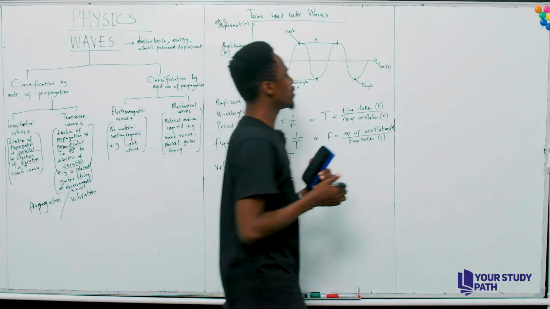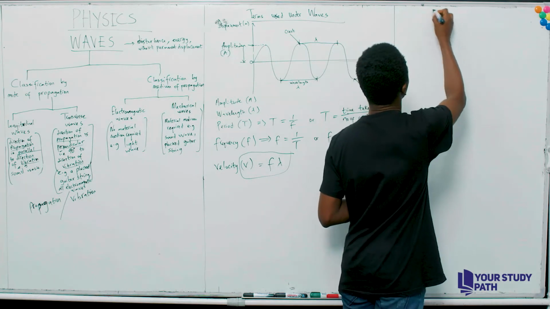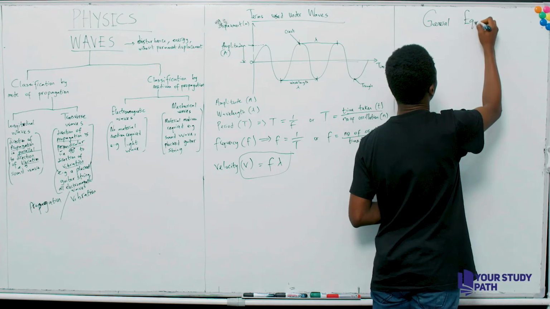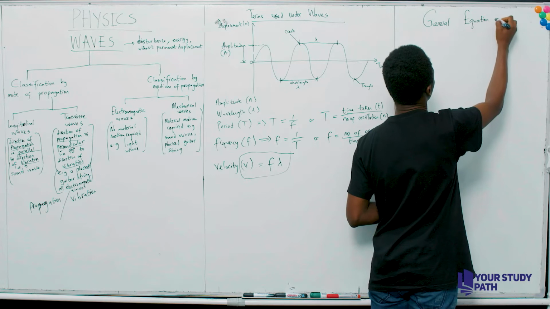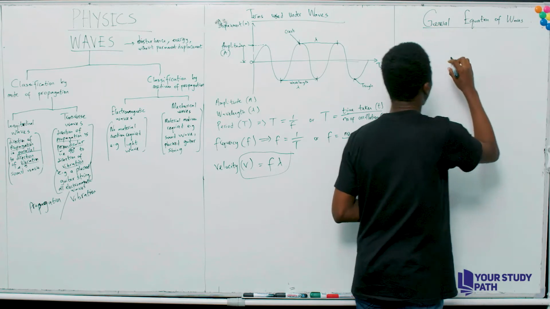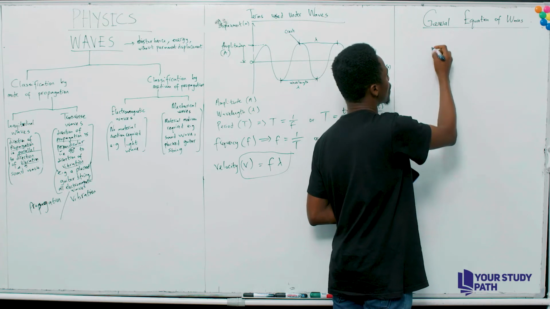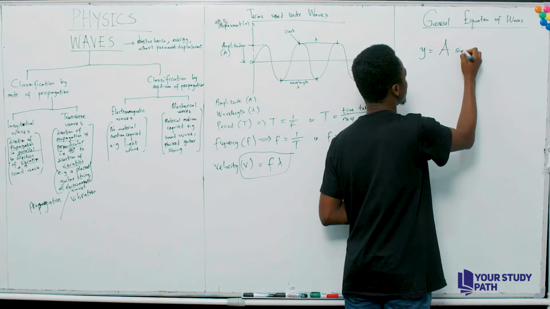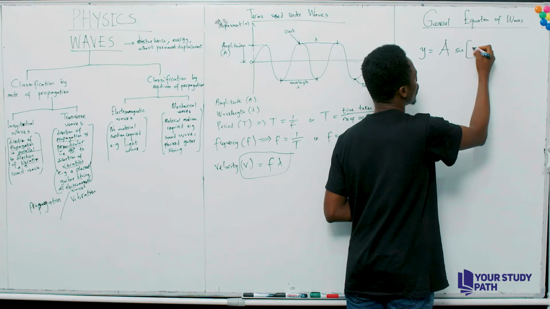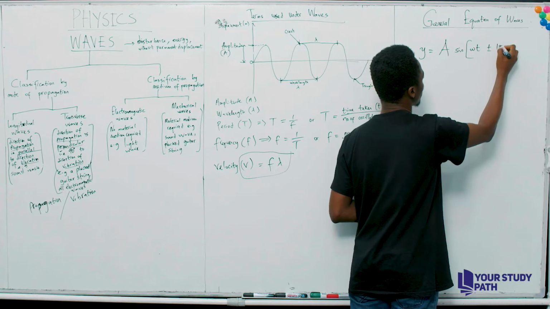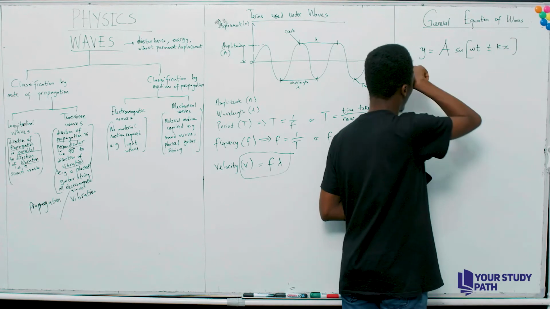And this is what I would always pick as the general equation of waves. So we pick this: y = A sin(ωt ± kx), depending on what sign you have there.